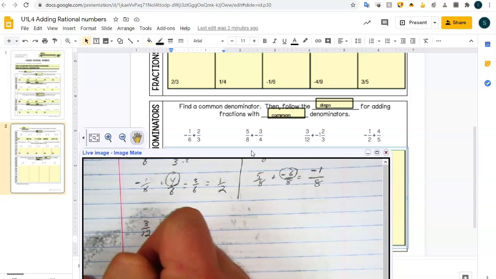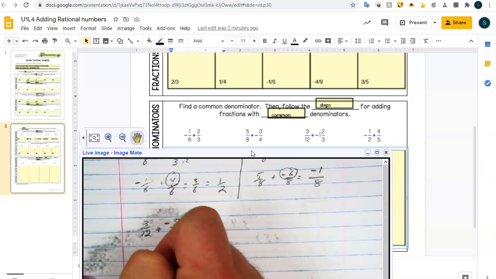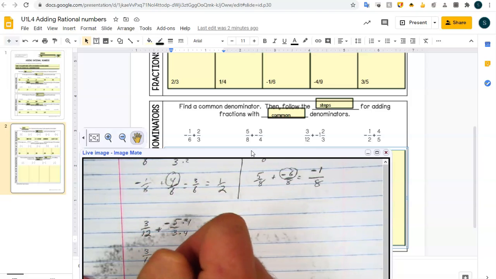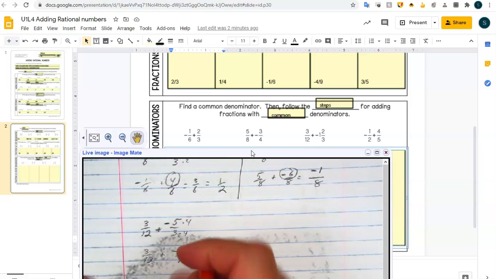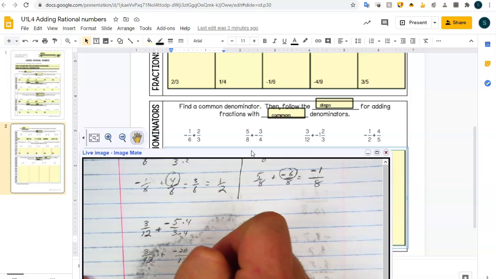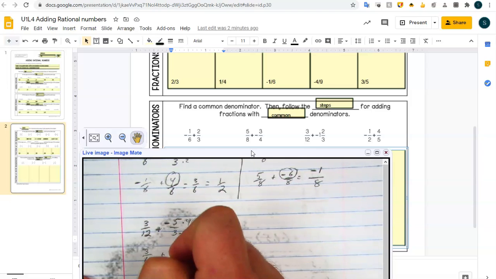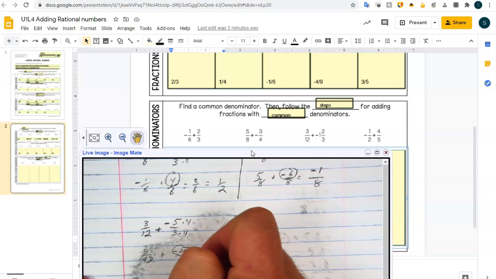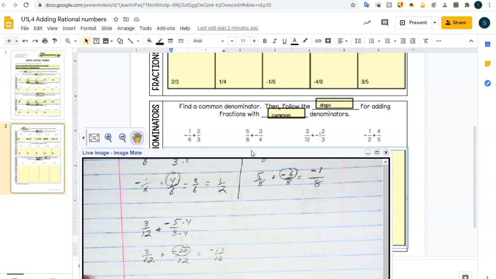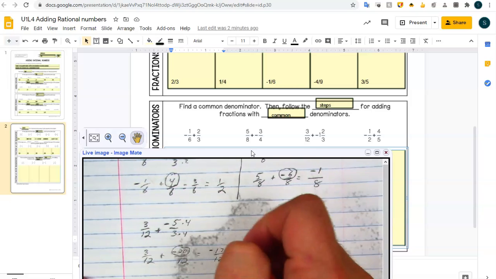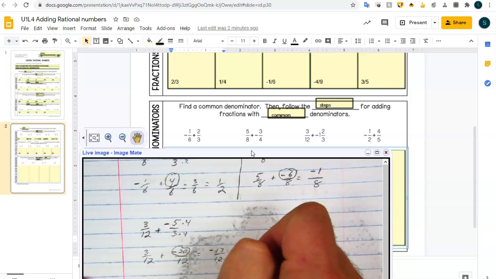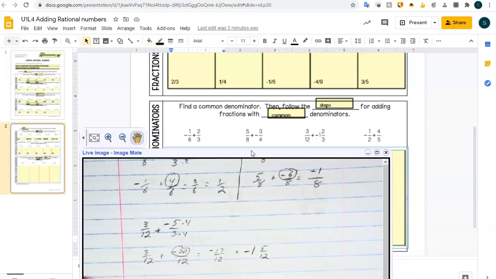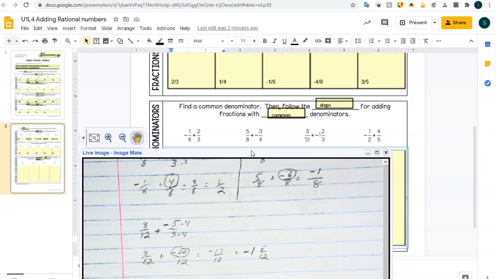So we're going to get 3/12 plus a negative 20/12. These are opposite signs, so we're going to subtract. And we're going to get 17 over 12. But look, our term further from 0 is negative, so we're going to get negative 17/12. You could also write that as negative 1 5/12 if you're comfortable switching between fractions and mixed numbers.